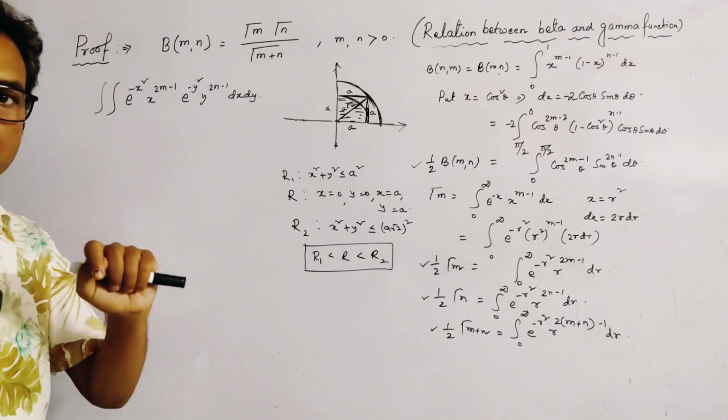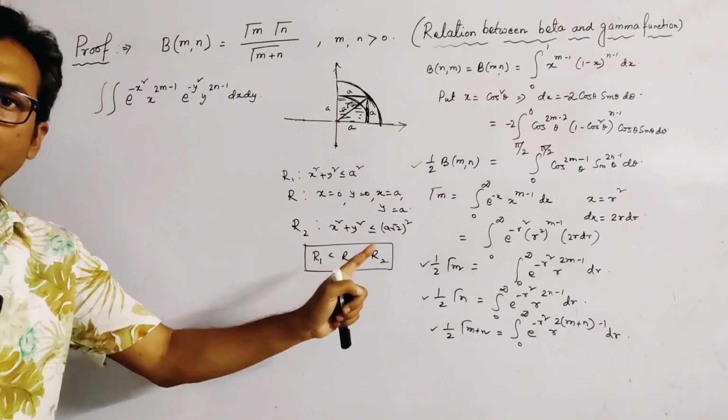Now we get the double integration over three regions, over R1, over R2 and over R3.